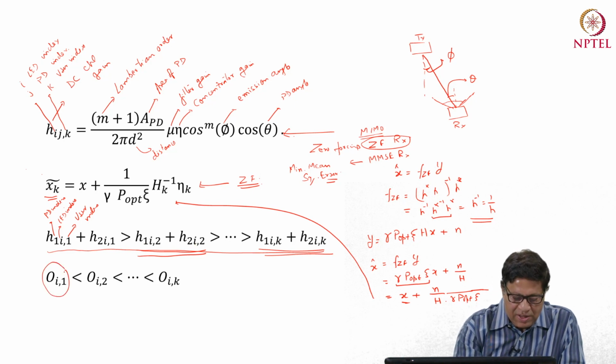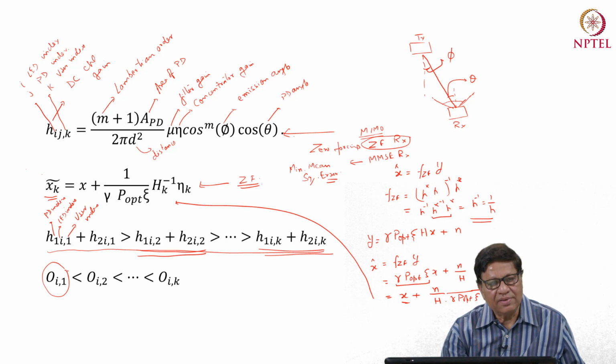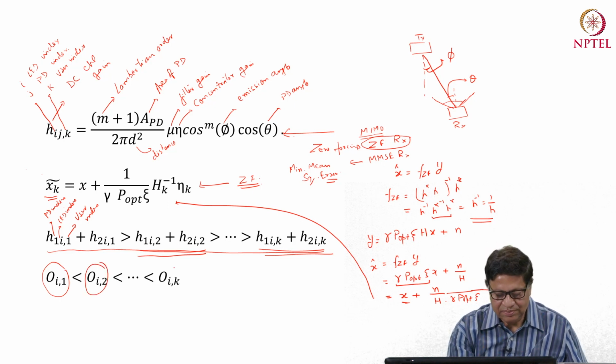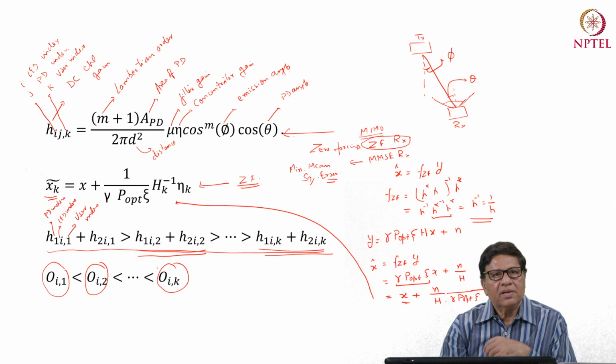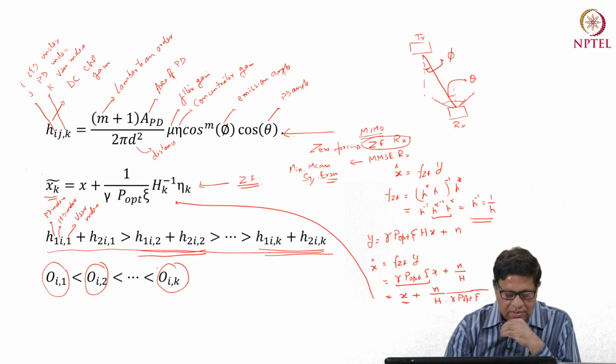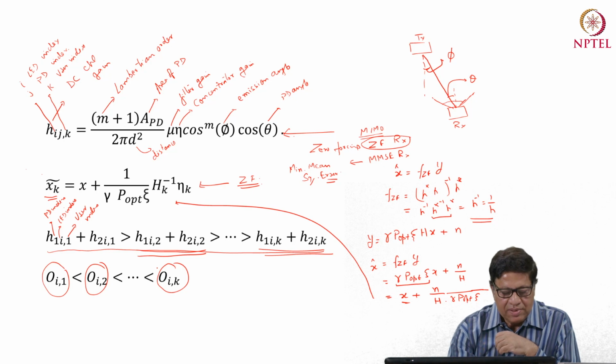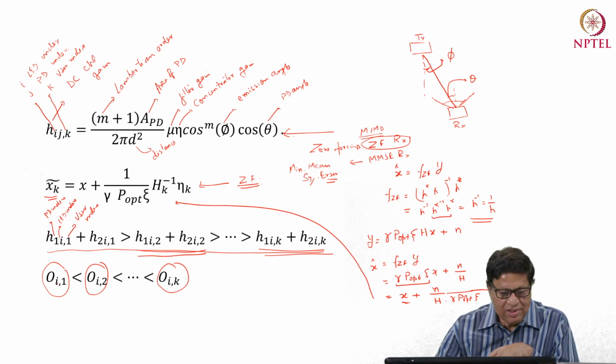So this becomes my order of successive interference calculation. All right. So basically, where I have the more channel gain, that will be decoded first, so on and so forth. So this is the order.